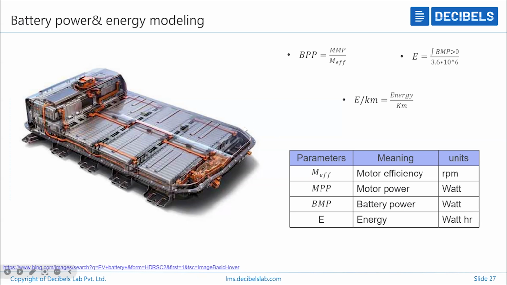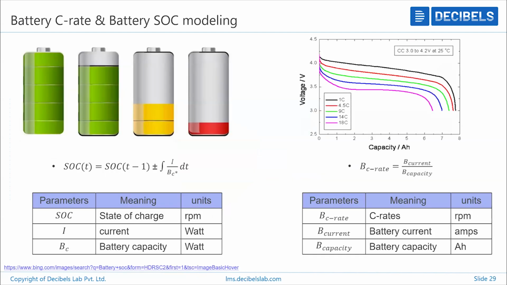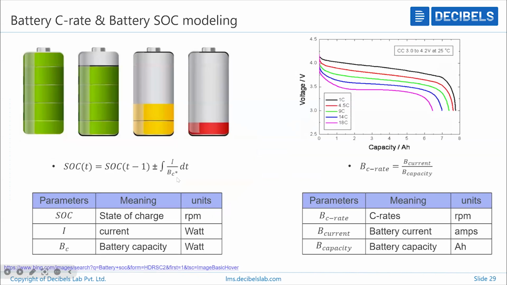So all these can be estimated. These are the same terms which I used: battery current, range, the C rates, and you can put up the SOC equation to calculate the SOC of the battery.